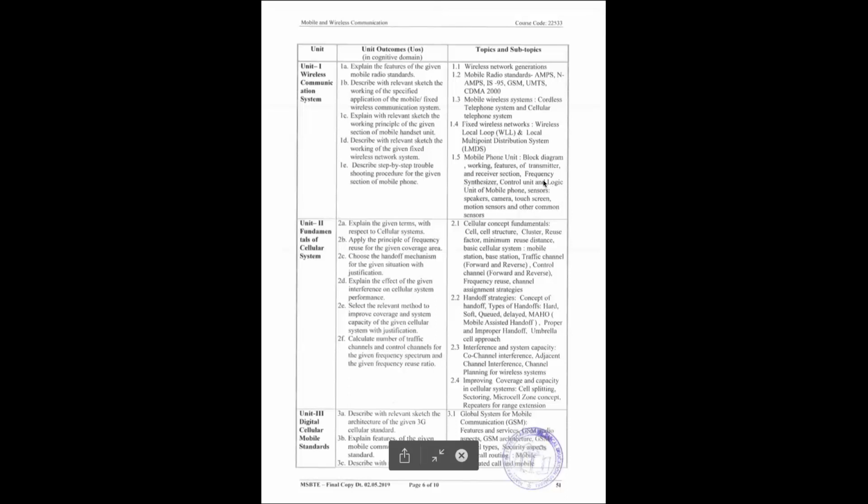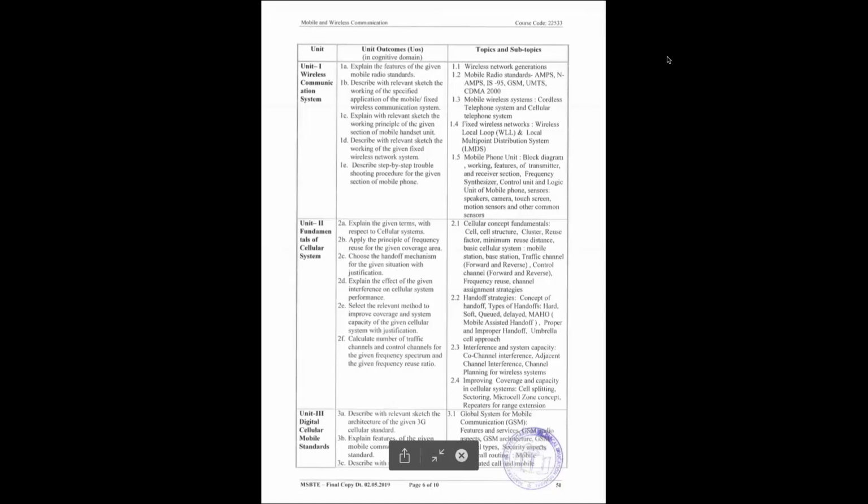So in this particular unit we are going to see the block diagram of mobile phone. Then in detail we are going to study the block diagram of transmitter, receiver, frequency synthesizer, control unit, logic unit, and what are the particular necessary sensors that are present in a mobile.